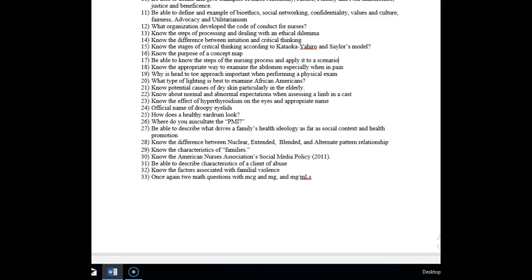So a lot of times when a person has hyperthyroidism, they have what they call exophthalmos. Look on page 331, or look on your PowerPoint, and that's bulging of the eyes.